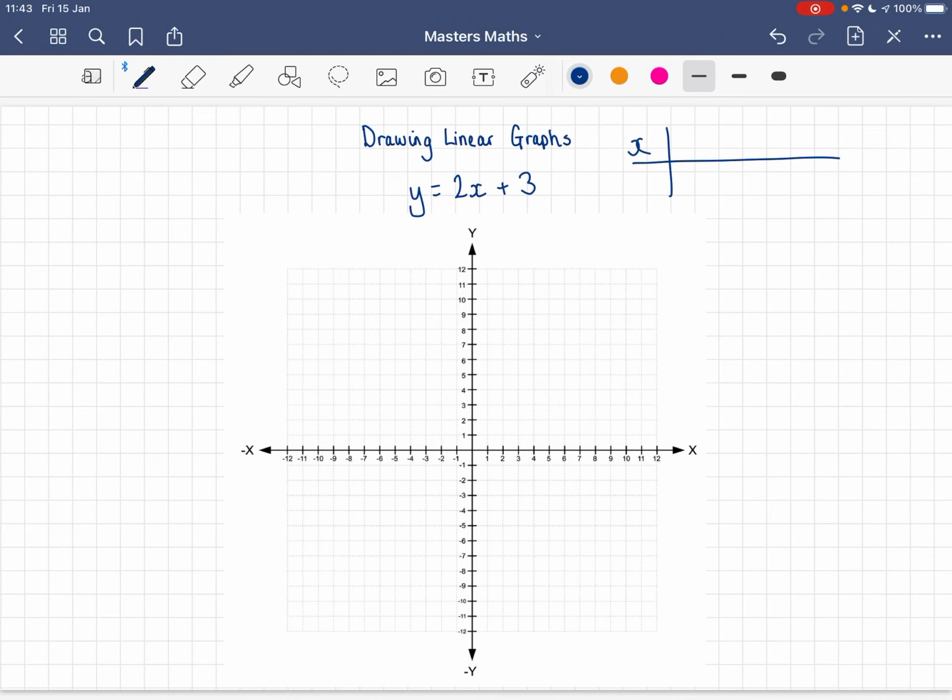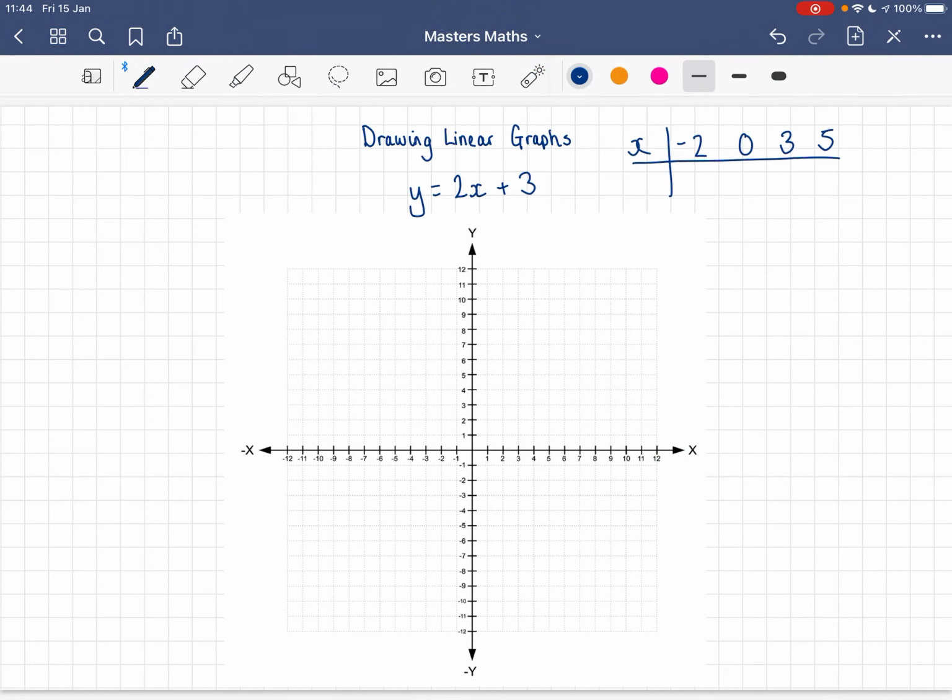So say I have -2, say I choose 0, 3 and 5, just to spread them out. I could choose any numbers I wanted as long as they fall on the x-axis. Obviously it wouldn't make sense to use like 20 because that comes off my x-axis, but you could pick any of the numbers you wanted on your x-axis to put into the equation.